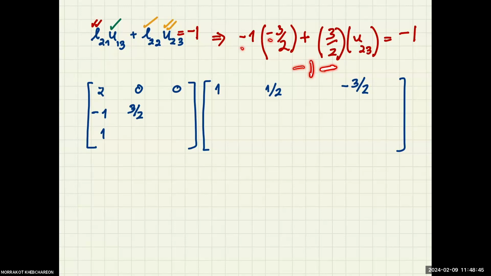Move to the other side: minus 2 minus 3 over 2 is minus 5 over 2, divided by 3 over 2 is minus 5 over 3.